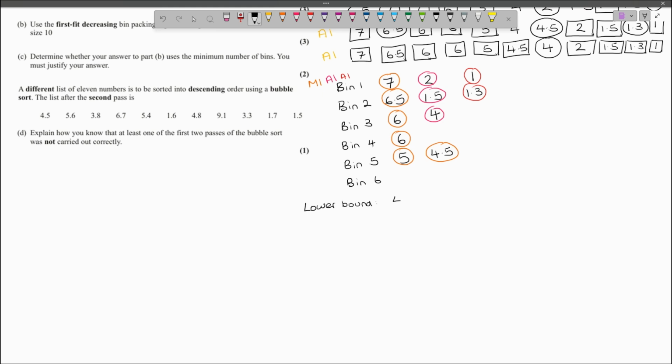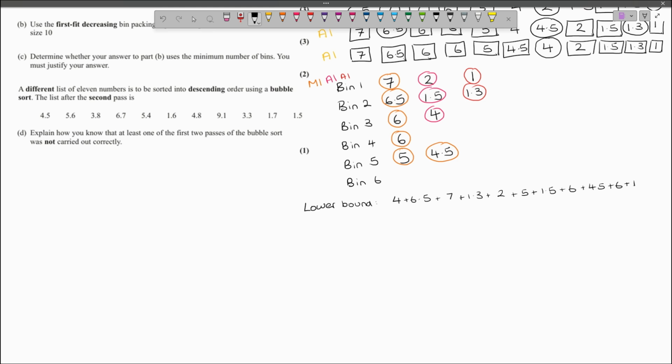So we're going to get 4 plus 6.5 plus 7 plus 1.3 plus 2 plus 5 plus 1.5 plus 6 plus 4.5 plus 6 plus 1. And our bins have size 10.